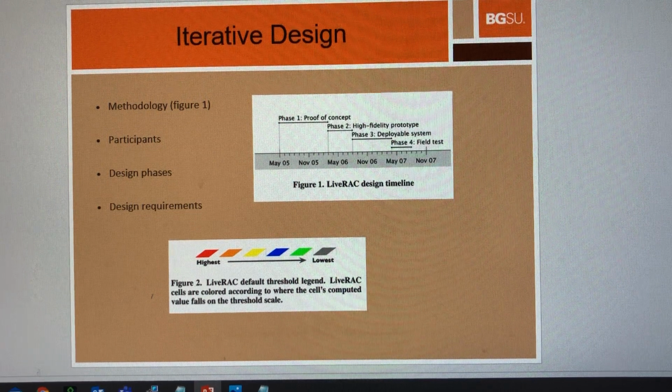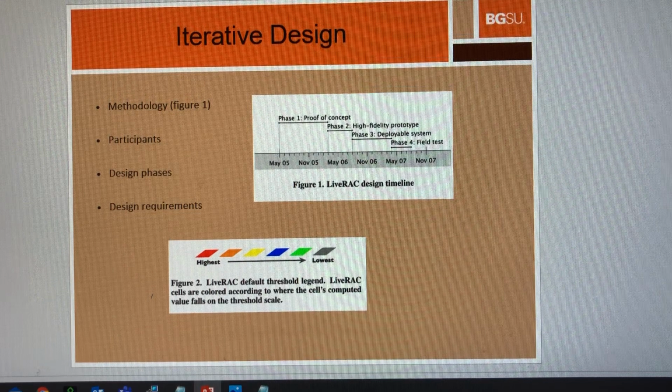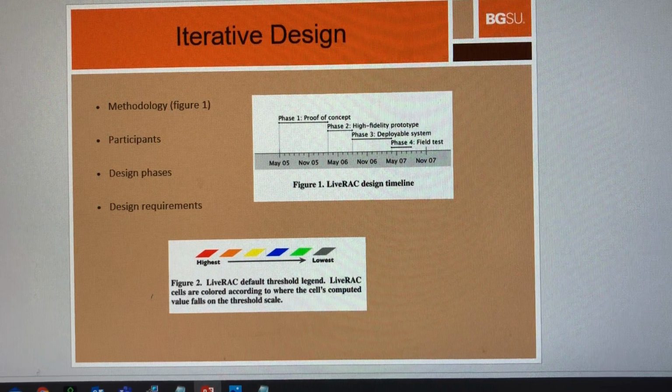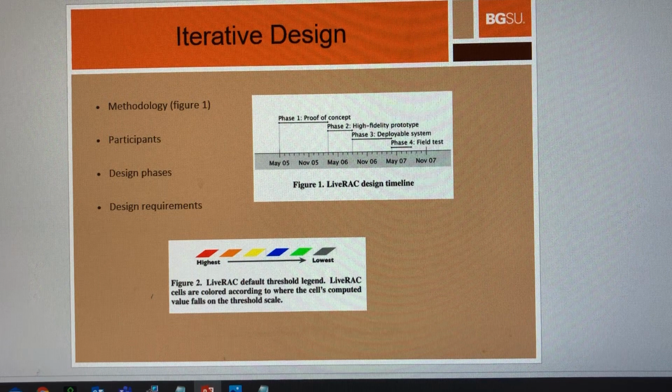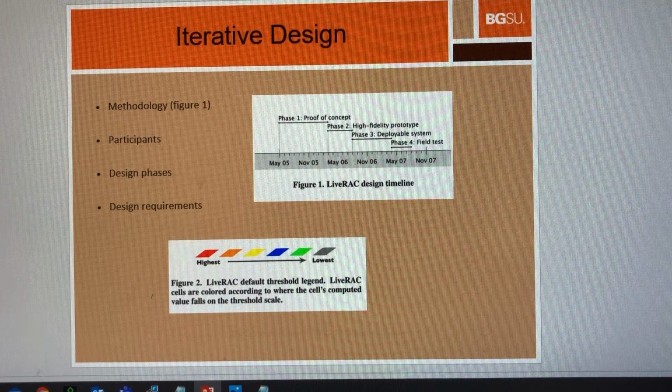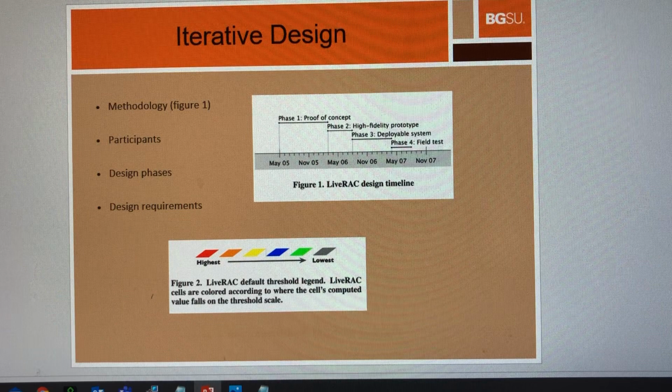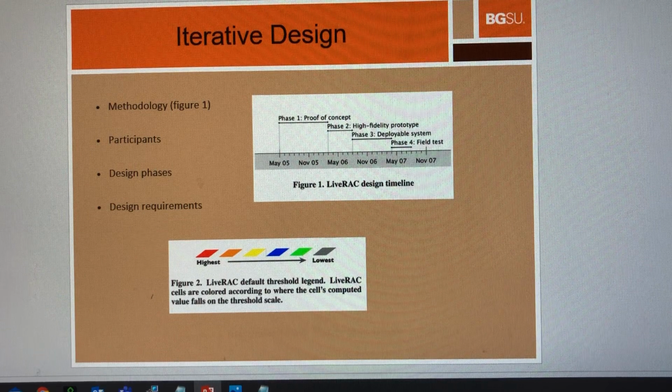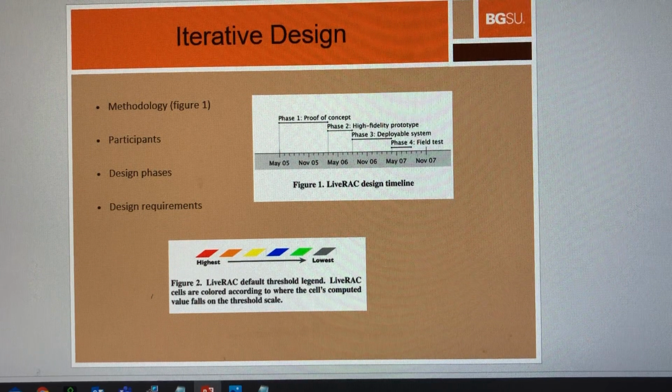In the design phase, the first phase was initial requirement gathering through an interview with C1. The second phase developed a high fidelity prototype running on the production database and collected feedback. The second prototype was presented to E1 and D1, who are the executive director and a senior technical director.